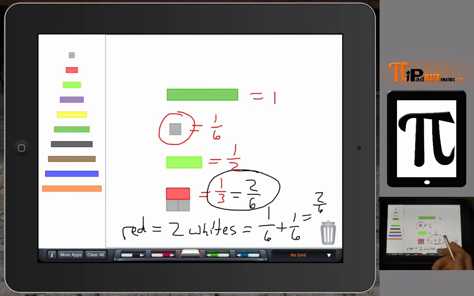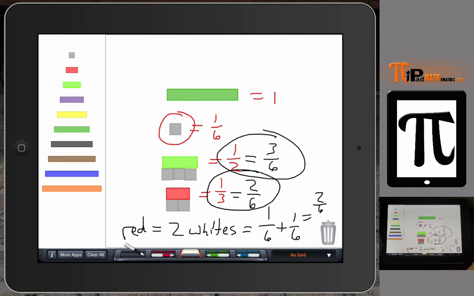And you can also do the idea of equivalent fractions with 1/2. All right, let's do 1/2, and we want to see that 1/2 also equals 3 white ones. 1, 2, 3, and because each white one is 1/6, then 1/2 is going to equal 3/6.